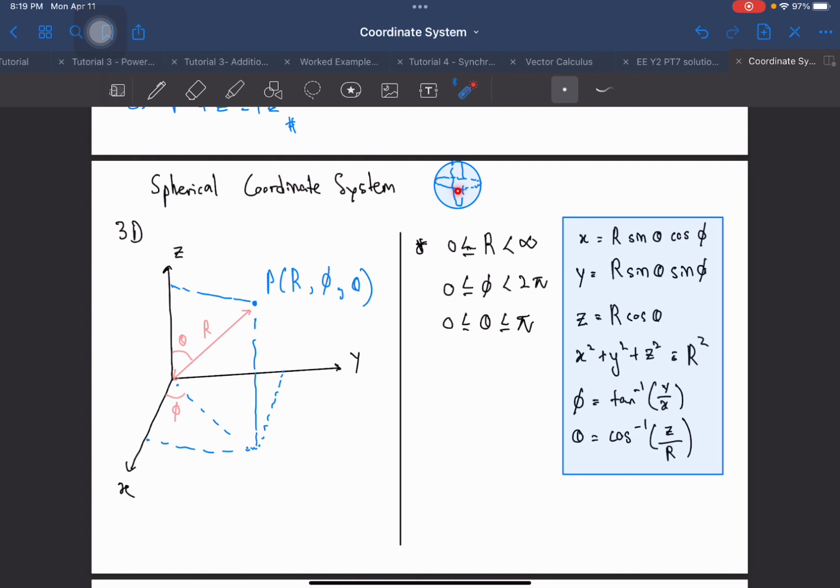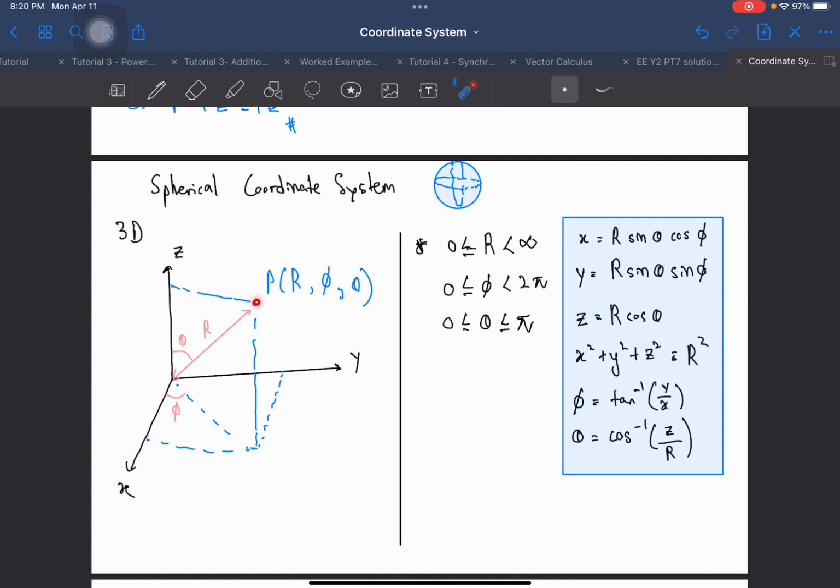These two polar coordinate systems together form a sphere, which is a 3D coordinate system. In this 3D coordinate system, any point can be determined by r, phi, and theta. There are two angles here called phi and theta.